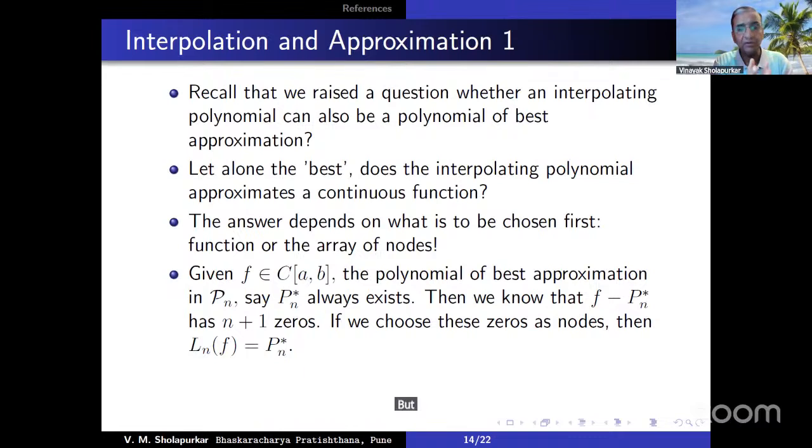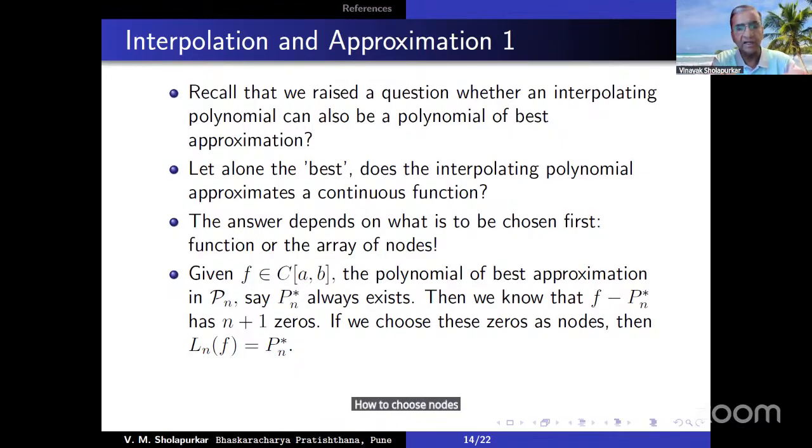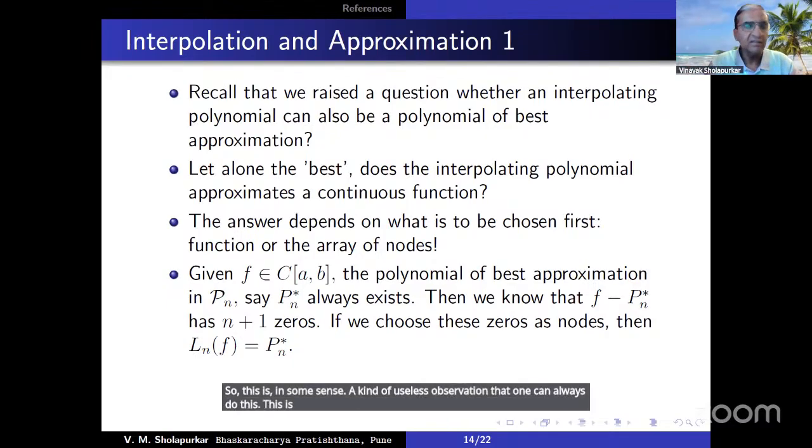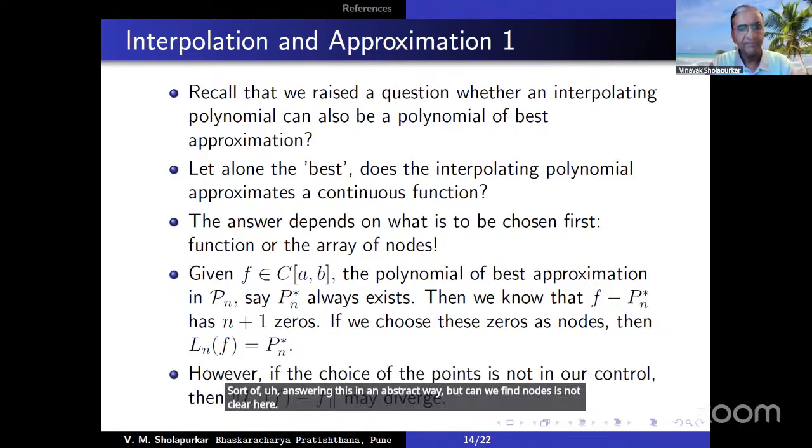But for that, we need to know Pn star and the zeros of Pn star. Unless we know this, we cannot choose the nodes. Theoretically, it is fine. So this is in some sense a kind of useless observation. This is just answering in an abstract way, but whether we can find the nodes is not clear here.